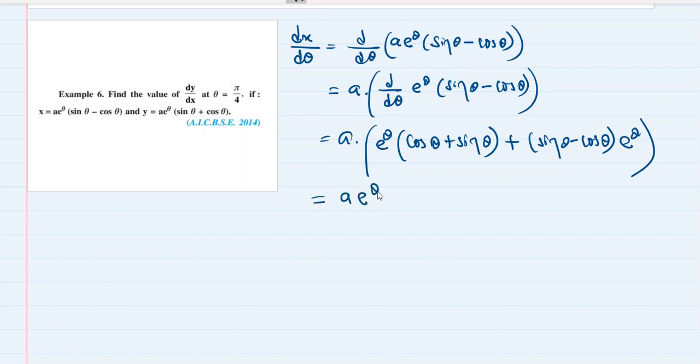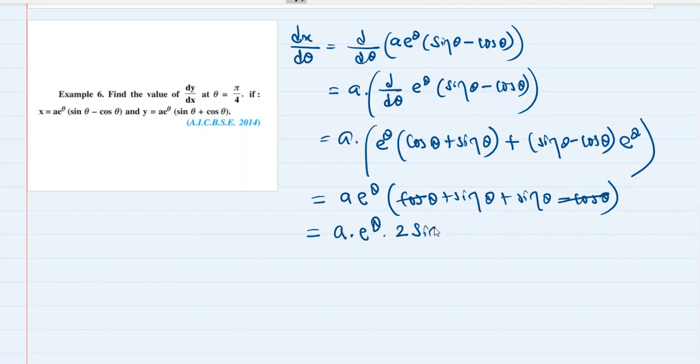So a e raised to theta, and you will be left with cos theta plus sine theta minus cos theta. So cos theta gets cancelled, and we get 2 sine theta. A into e raised to theta into 2 sine theta. You can take 2 outside. So 2a into e raised to theta into sine theta. So this is dx by d theta. Let's find dy by d theta.